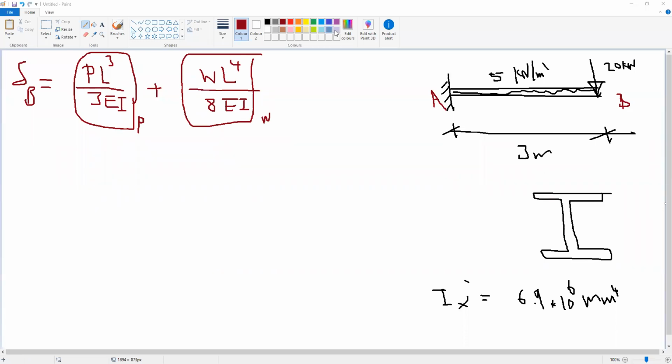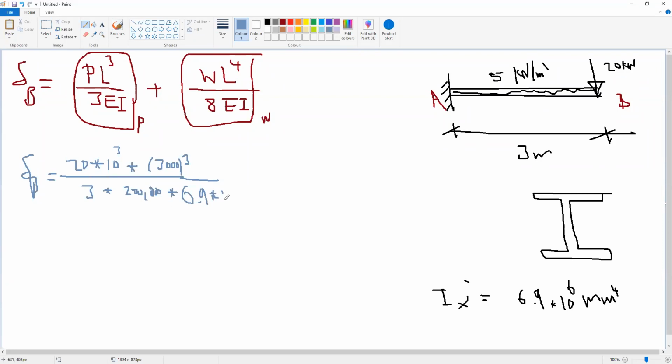Here delta B, the deflection at B, will be: B is given 20 multiplied by 10 to the power 3 multiplied by L. L is 3000 millimeter to the power 3 divided by 3, E is 200,000, I we knew from the first problem, so I is 6.9 multiplied by 10 to the power 6.